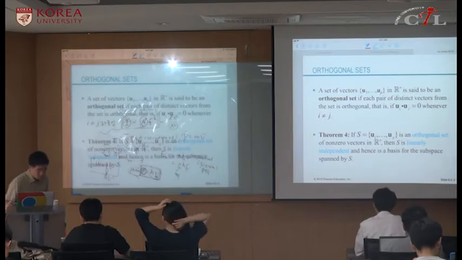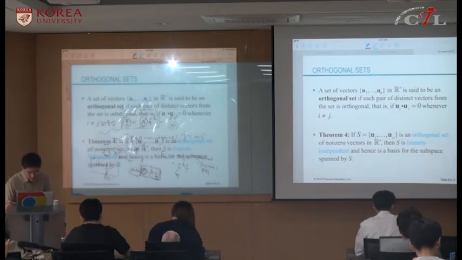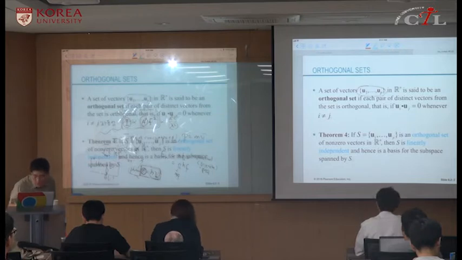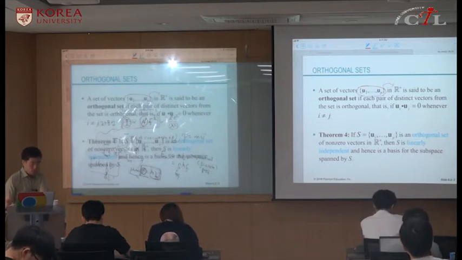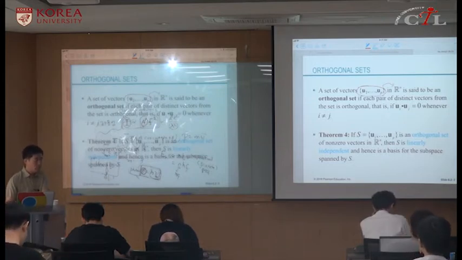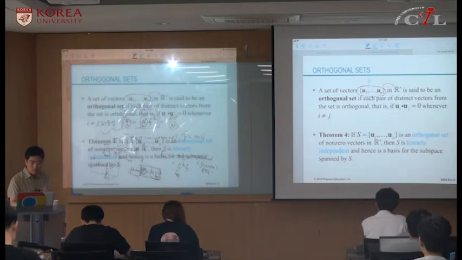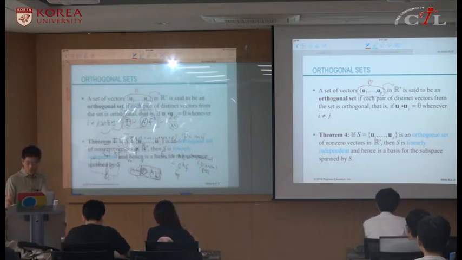Okay, so in the case of an orthogonal set, we consider a set of vectors, where all the vectors live in R^n, and we want to determine whether these given vectors form an orthogonal set or not. What is the definition of an orthogonal set?